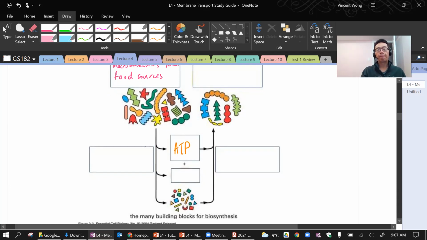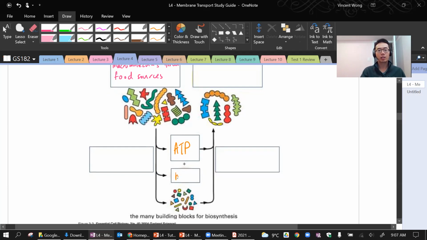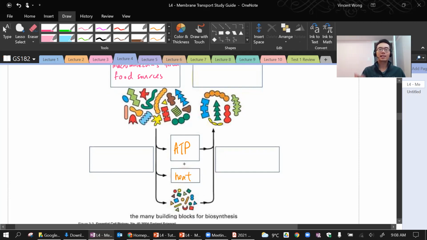Not 100% of the energy from the food will be captured in ATP. A lot of it is actually lost as heat. I think we're just about 40% efficient, and the rest of the energy is wasted as heat. And when I say wasted, it's not completely wasted. We need to keep our body temperature at 37 degrees Celsius, so a lot of that heat is used for just that purpose.